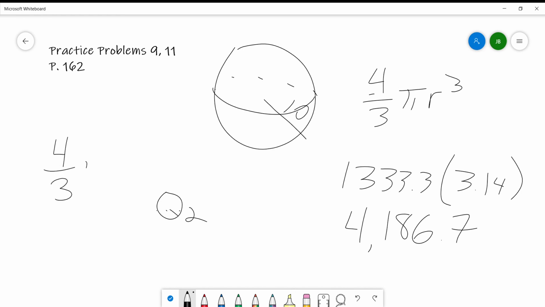4/3 times pi, 2 cubed, so 2 times 2 is 4, times 2 is 8, so we're dealing with 8 times 4/3 pi. Punch in the calculator, 8 times 4 is 32, divided by 3 is nearly 11, times 3.14, we get 33.49. So I'm gonna approximate this. Should I round? I don't know.